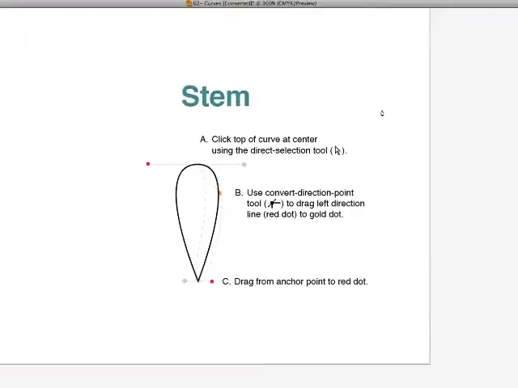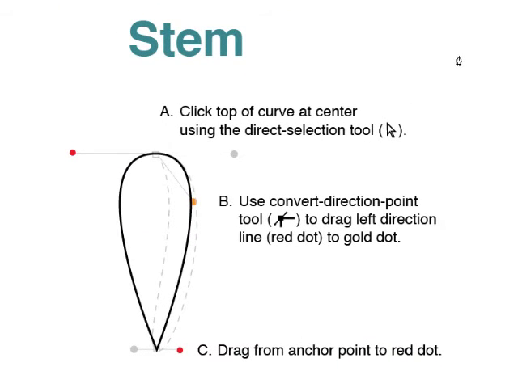The next exercise is working with this pre-drawn stem here and modifying its shape. So to do that, we're going to use the direct selection tool again by clicking, in this case, on this anchor point, which gives us both handles. And we're going to redirect the direction in which this curved line segment goes.